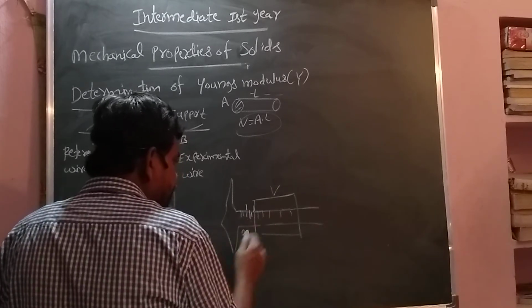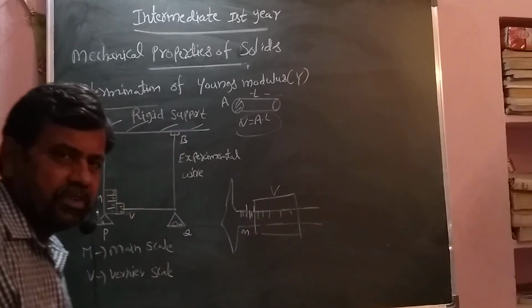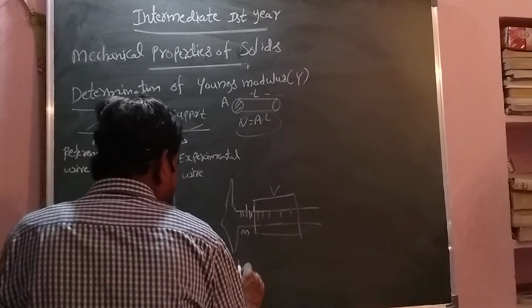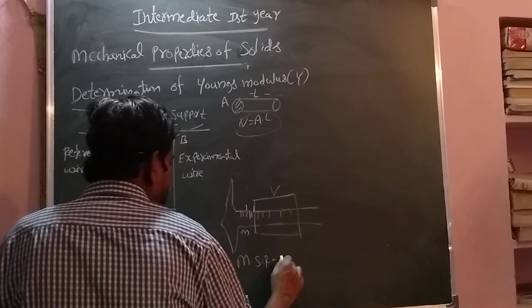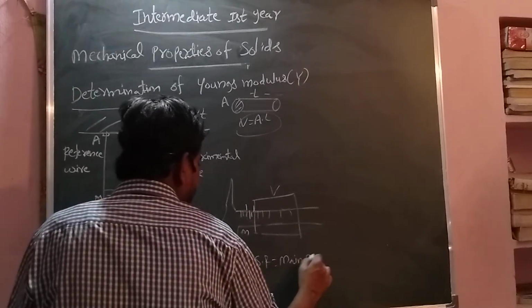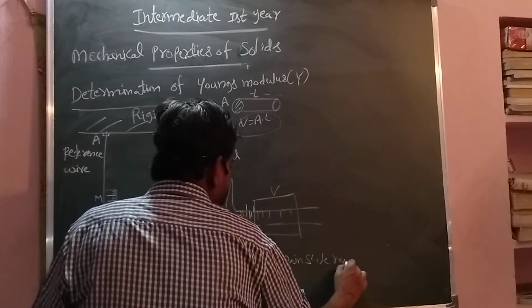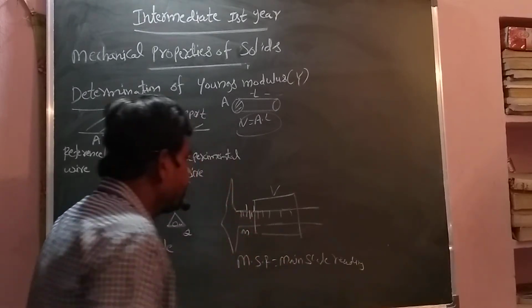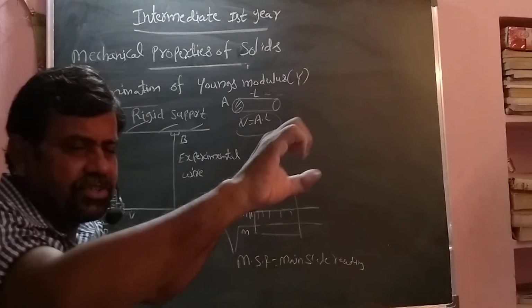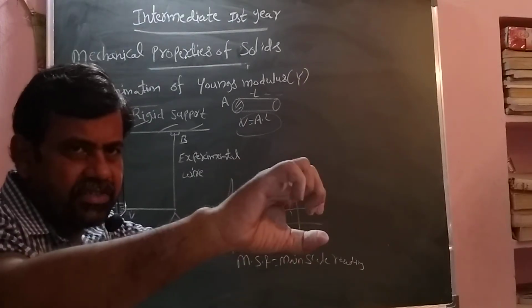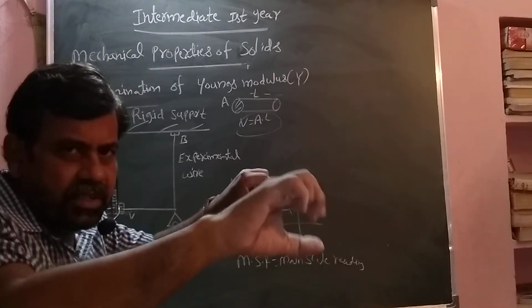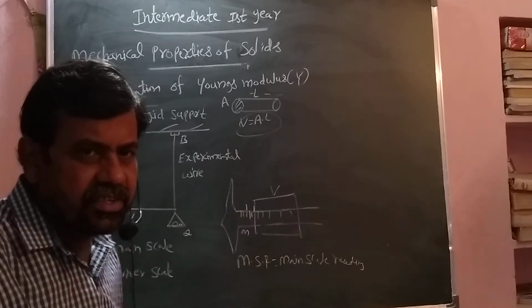So in this diagram, what is the main scale reading? MSR means main scale reading. This vernier scale is one strip that just moves on the main scale. On the vernier scale strip, 10 divisions exist.